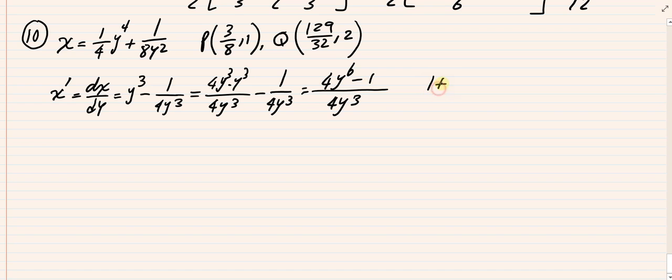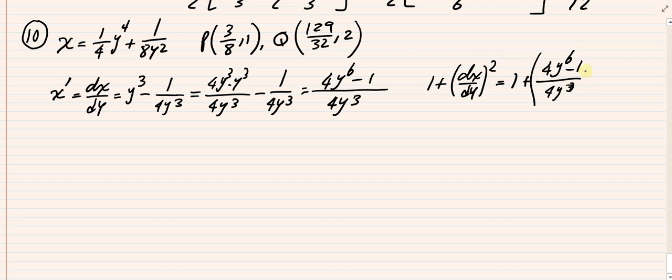Now 1 plus (dx/dy) squared, that's the radicand of the integral that we will be integrating. So let me handle that separately. And this is going to be 1 plus the quantity (4y to the 6th minus 1) over 4y cubed, quantity squared.